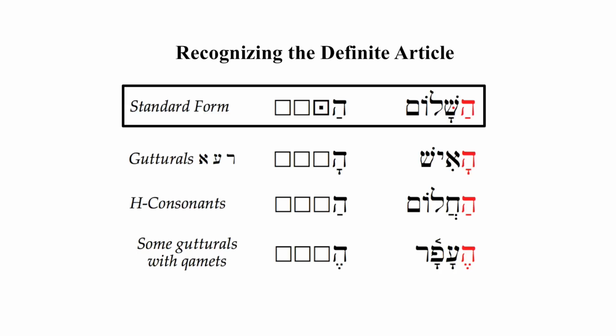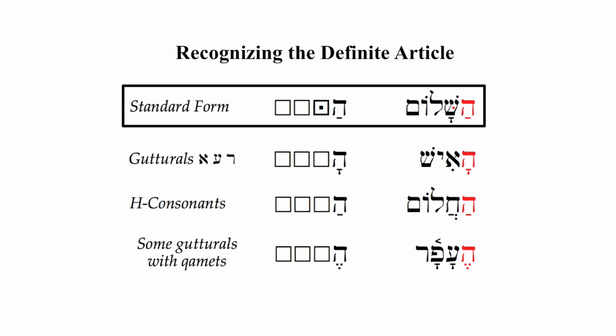So this chart is kind of the one to start to work from. Standard form, he, patach, doubling dot. If it's a guttural, you'll usually compensate for the lack of the dagesh by lengthening the vowel. Keep the syllable structure. If it's an H consonant, patach just stays there, just don't bother, and then sometimes you'll see the segol.